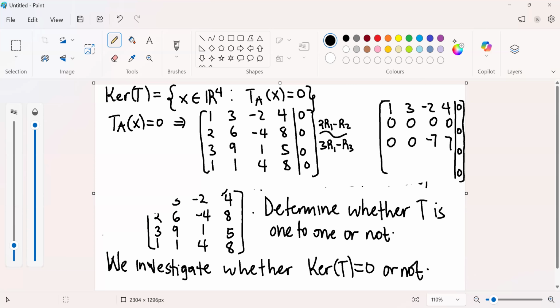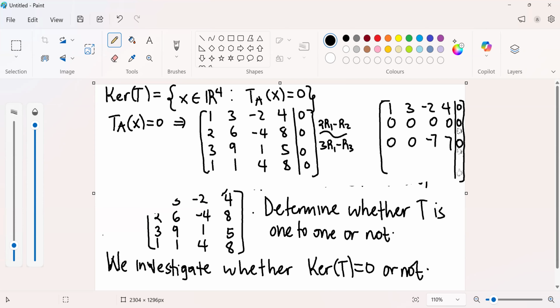Let's write this directly, bringing this row up and this one down. So this is a 0, this is also a 0.